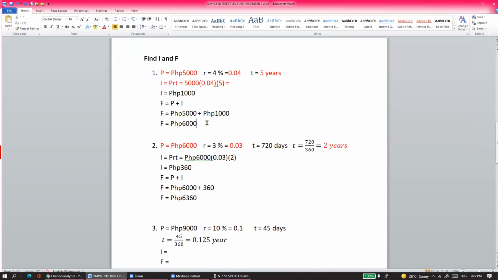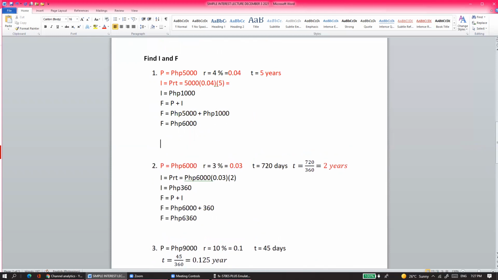Now, going back to problem number 1, look at it, ano. Hindi ba ang formula natin is equal to PRT? This is actually for the simple interest.